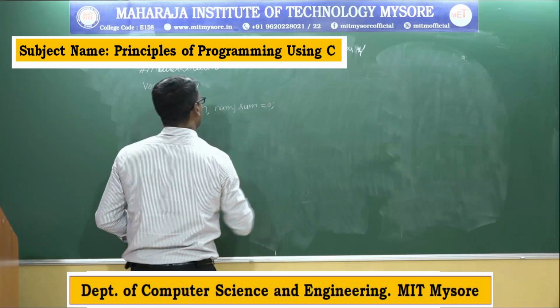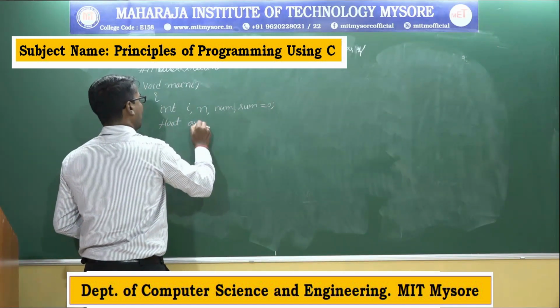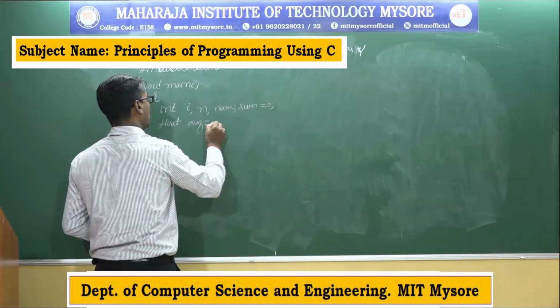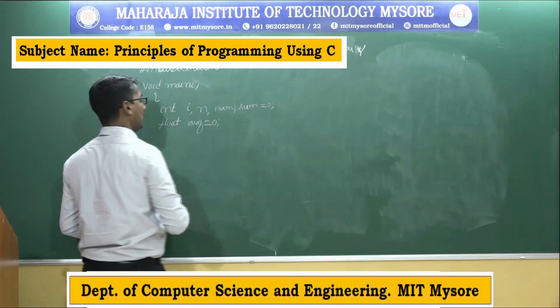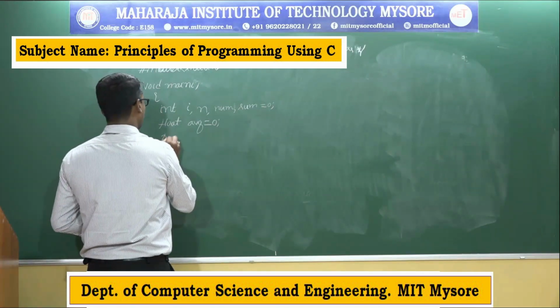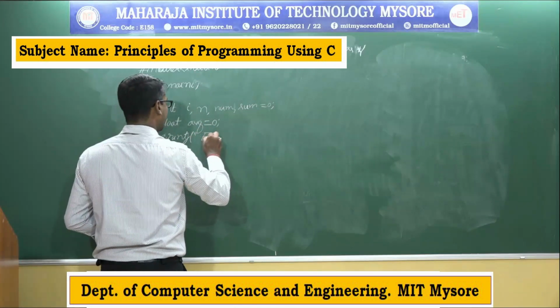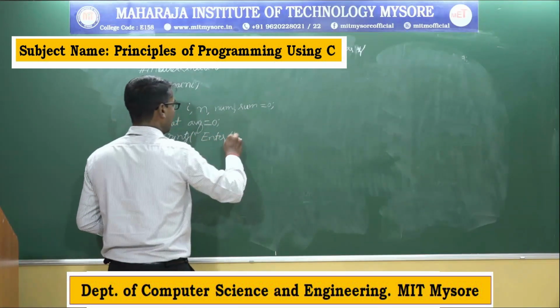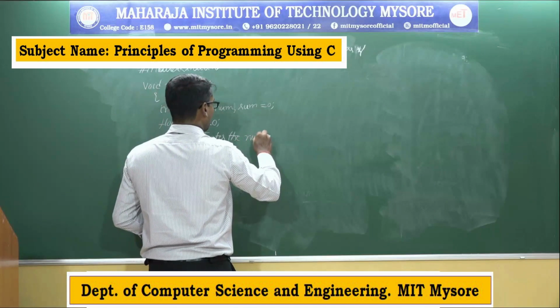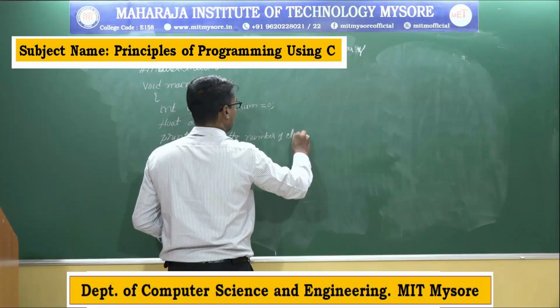Sum is initially 0. float avg: in order to store the average value, I'll use one floating point variable. Next, printf enter the number of elements.